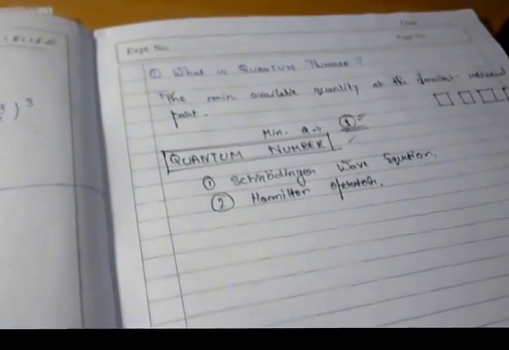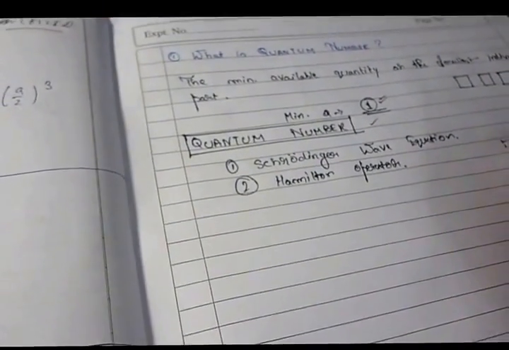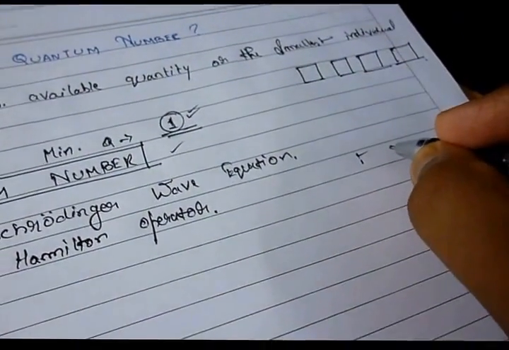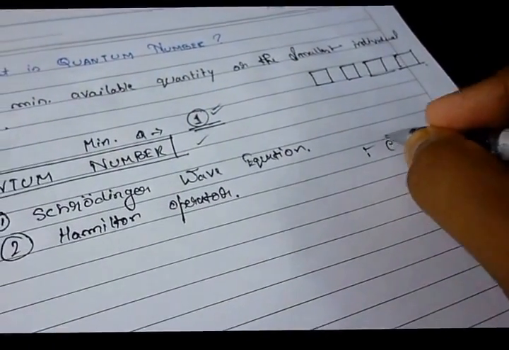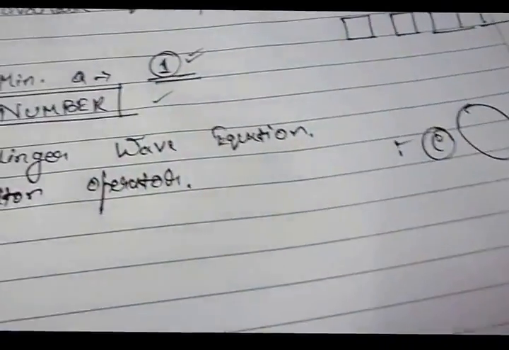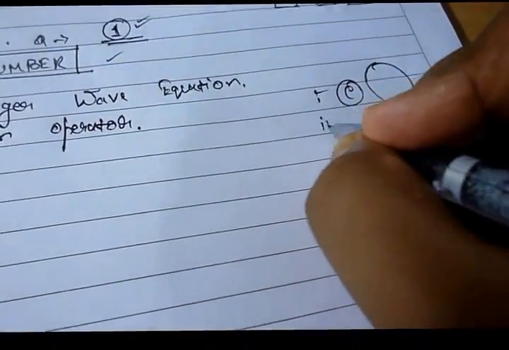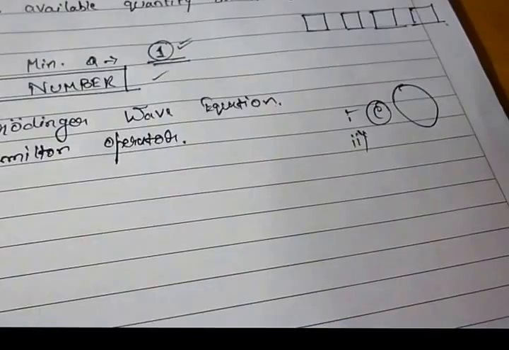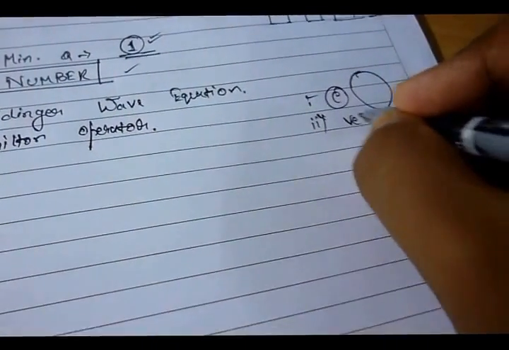Now, what these quantum numbers denote can be anything, ranging from the probability of finding an electron in a given system space, to the velocity.